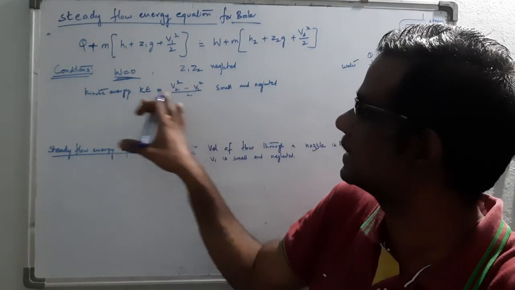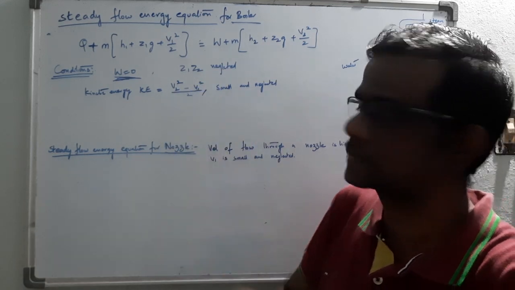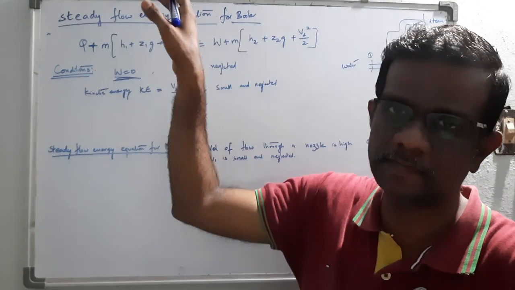Another parameter, the kinetic energy (V2 squared minus V1 squared) by 2, is very small. Based on these assumptions, we apply them to the equation.